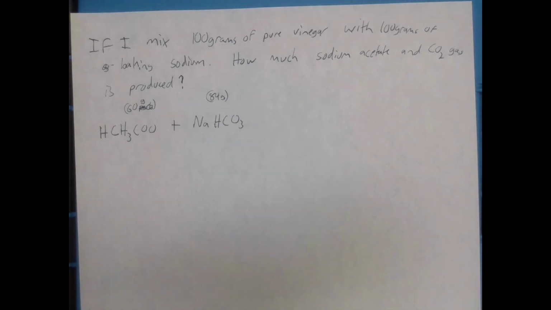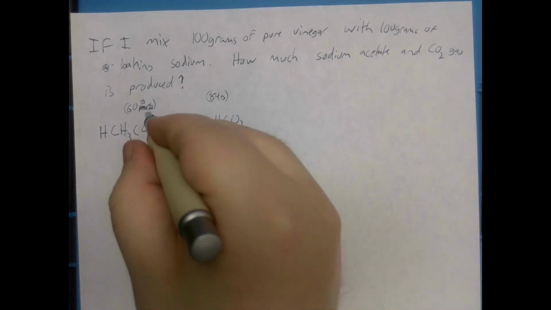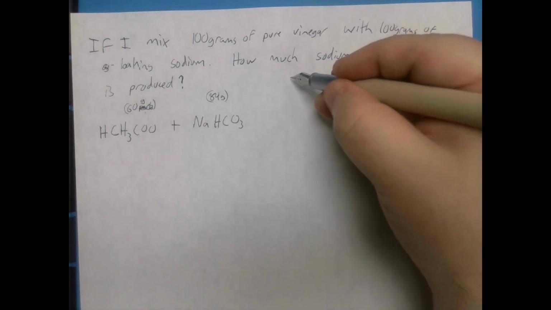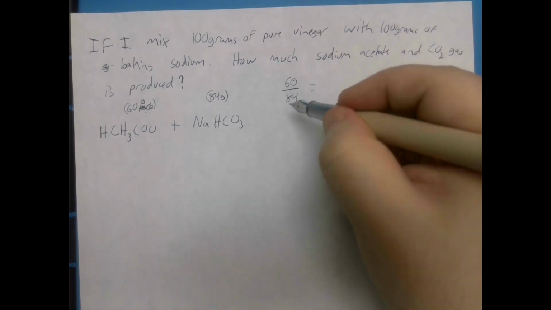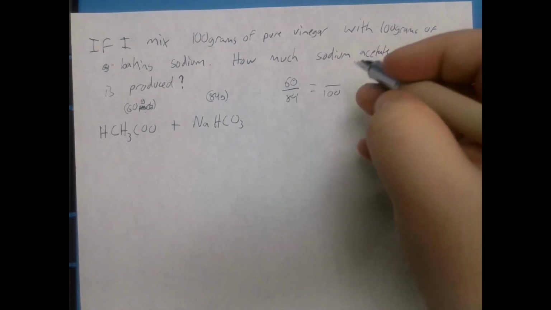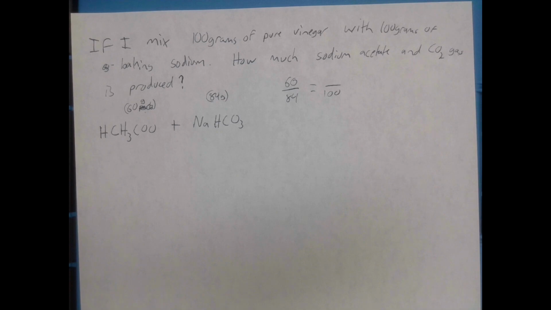Baking soda. And if I were to increase, keeping the ratio the same, so the ratio is 60 to 84, and if I were to increase the 84 to 100, what would be the top number?